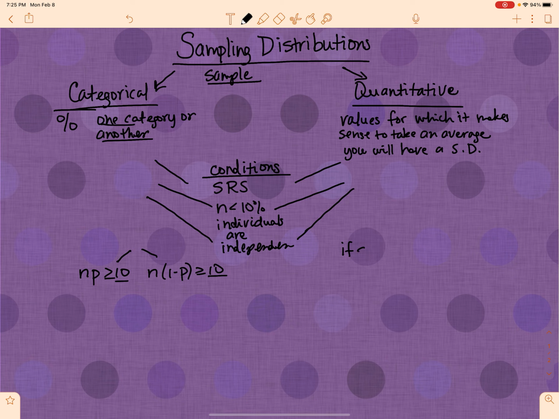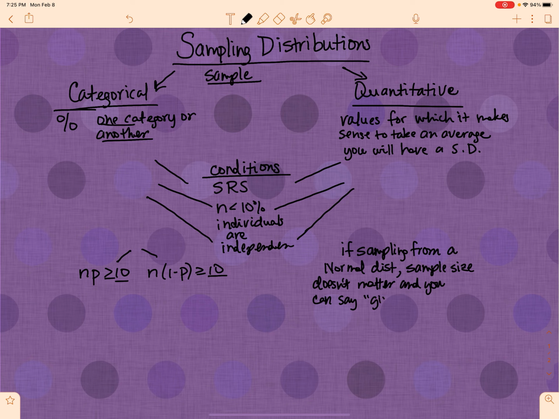If sampling from a normal distribution, sample size doesn't matter, and you can say or write given normal.